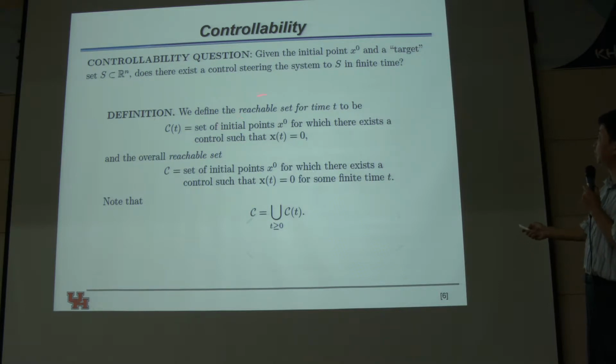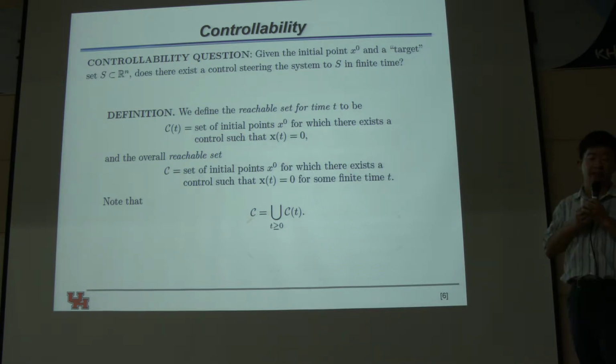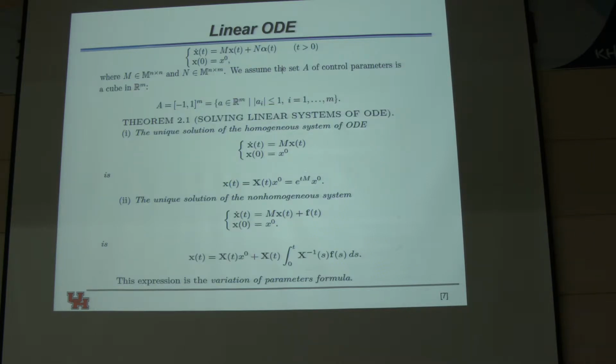We define a reachable set, and over the different times we take this reachable set. This is the set at time t that we can reach, and then we put them together, and we get the overall reachable set.